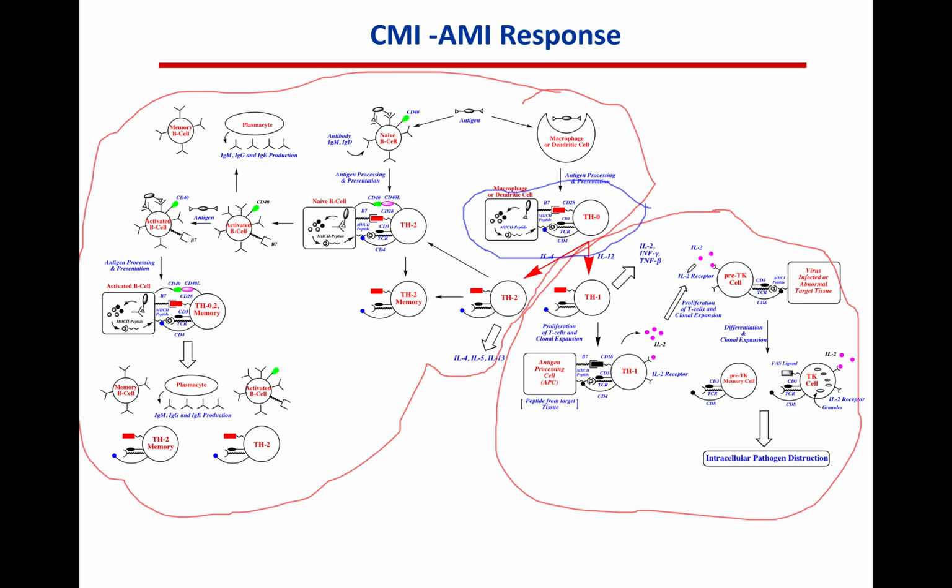And so typically what you have for a virus is you don't have just one of these responses, but you have both, in which the CMI response over here gets rid of the infected cells, and the AMI response here attempts to get rid of any of the virus that's in circulation, to try to remove that. So you can see how this all fits together, and you can see centrally in here the T cells are the big players.